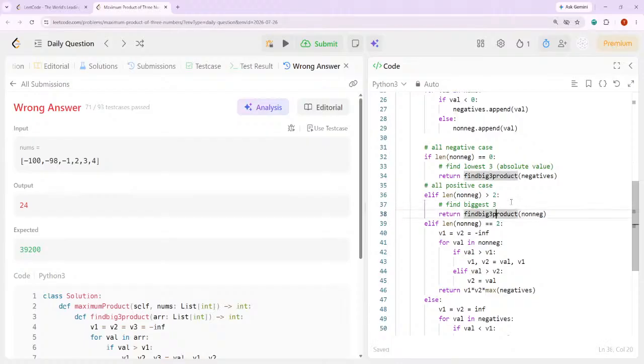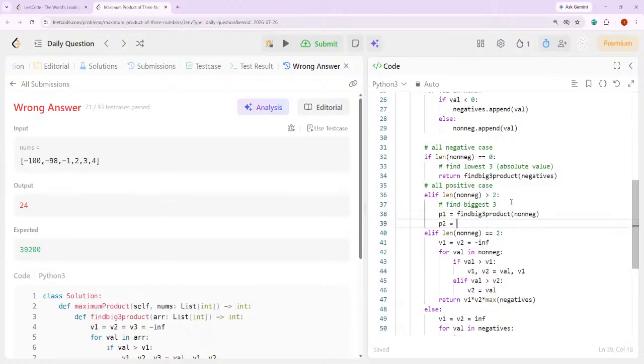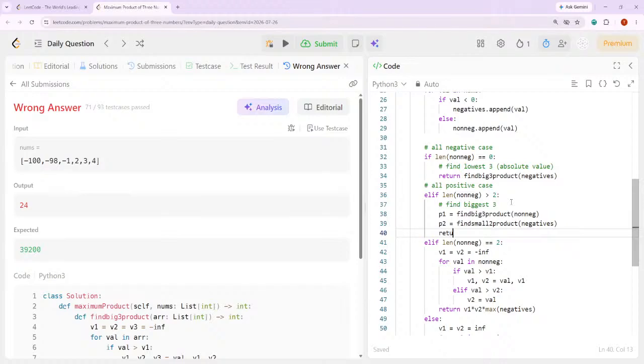And here, let's say P1 is this. And then P2 is going to be find small two product of the negatives, and then return either P1 or P2 times the largest value in the non-negatives.